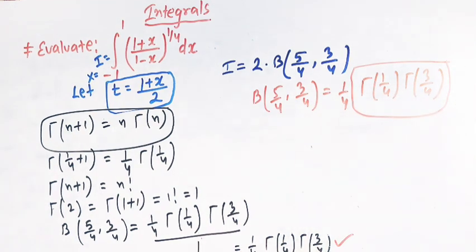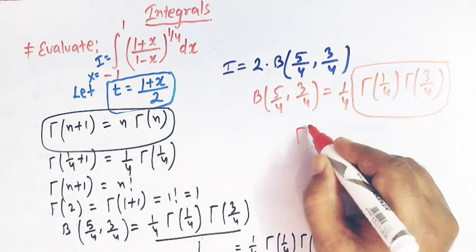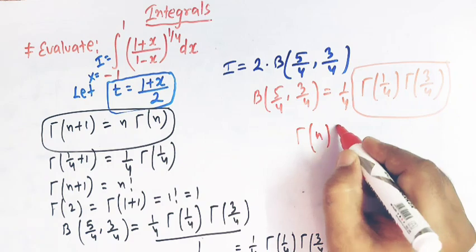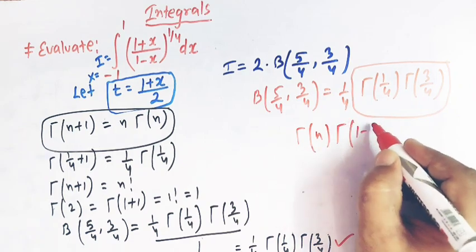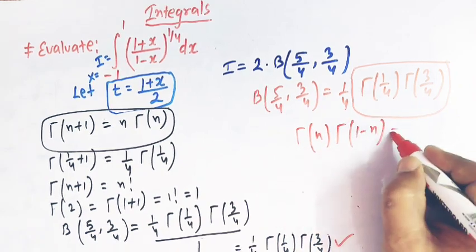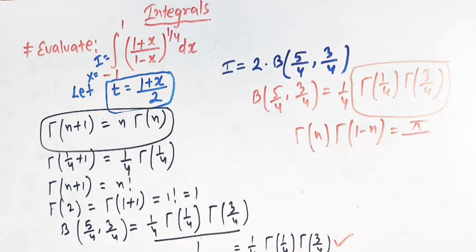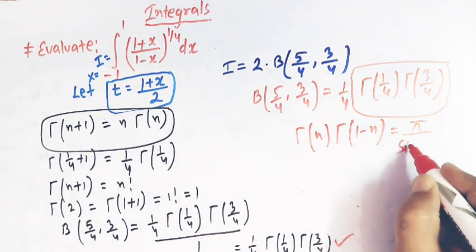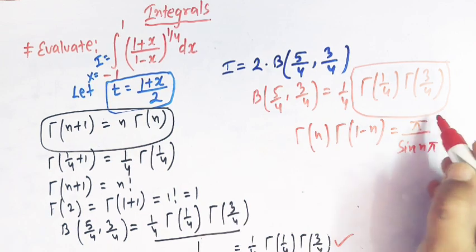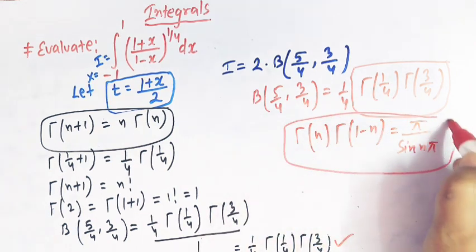And here again we'll make use of a very important result from gamma functions. So we know that gamma of n times gamma of 1 minus n is equal to pi divided by sine n pi, right? So this is an important relation.